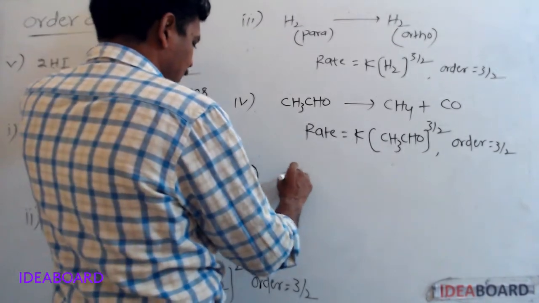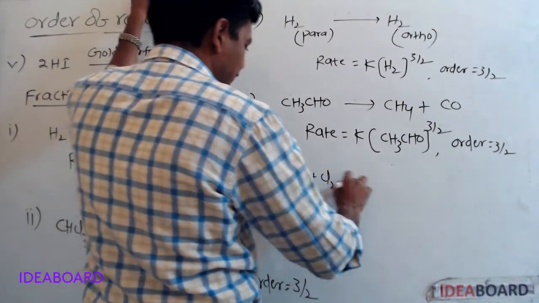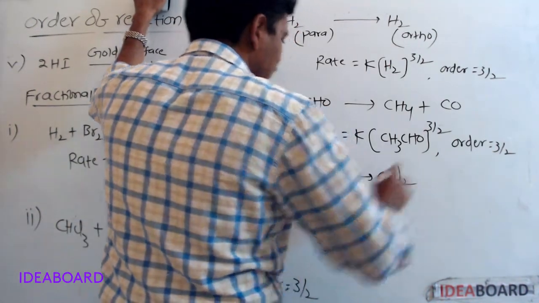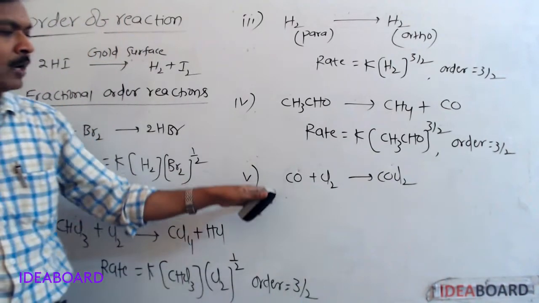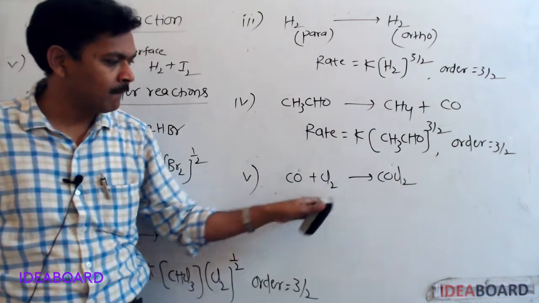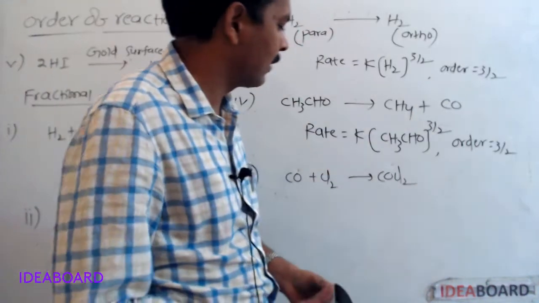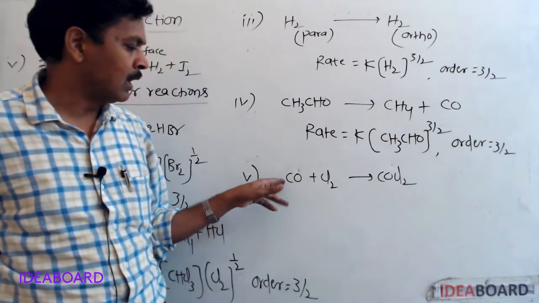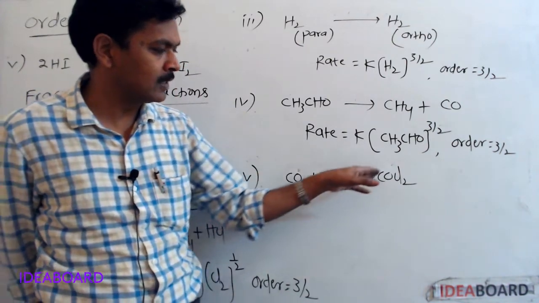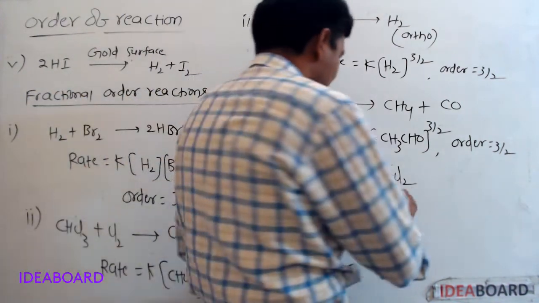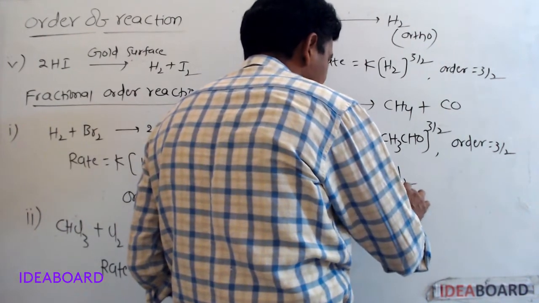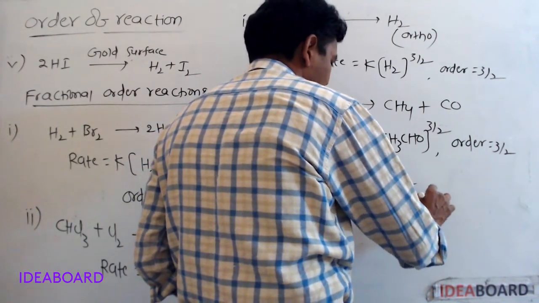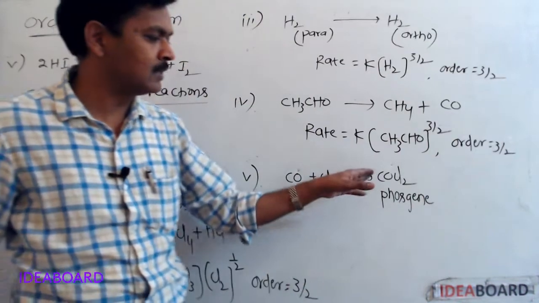Next one, CO plus Cl2 gives rise to COCl2. Carbon monoxide reacts with chlorine and forms carbonyl chloride. COCl2 is called carbonyl chloride, also called phosgene.